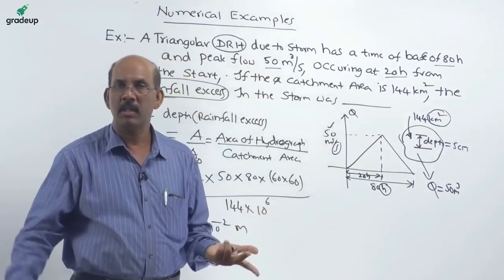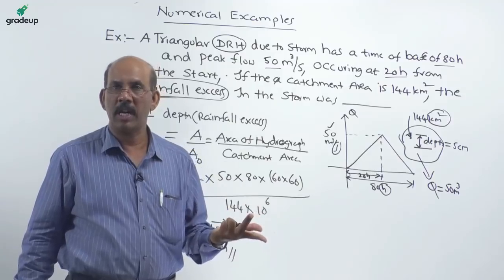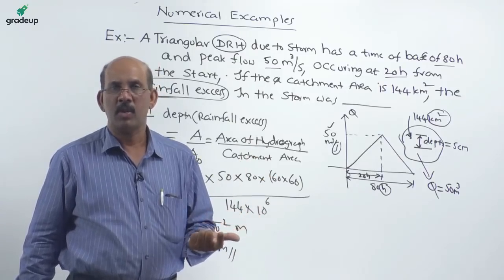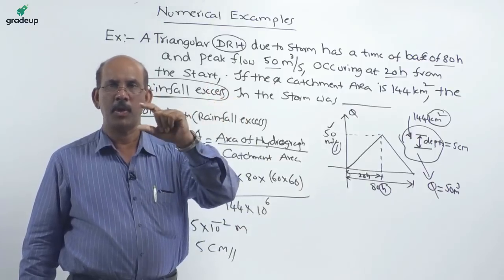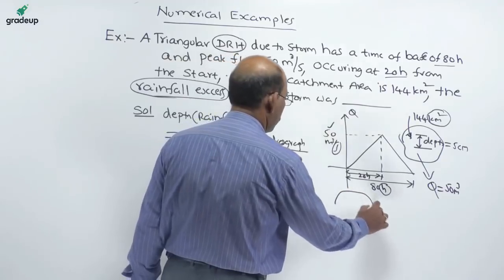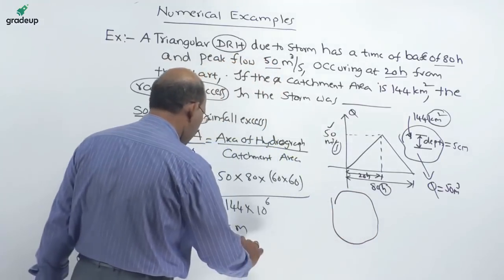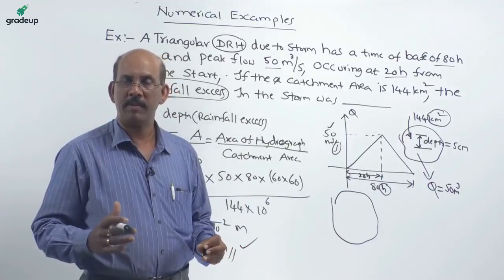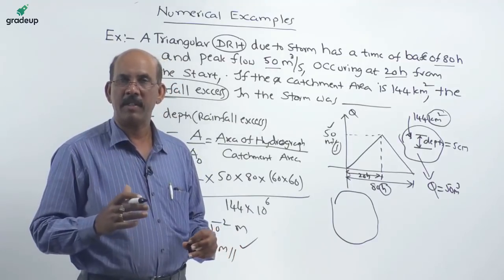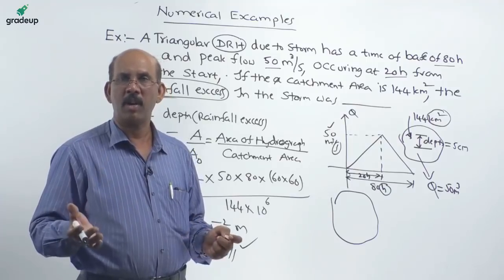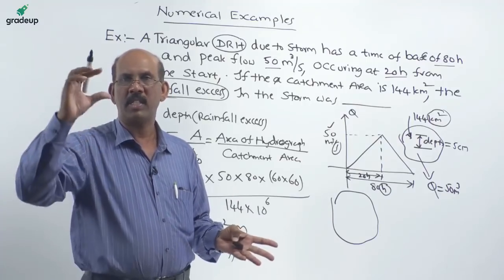Suppose we want to calculate the flow represented by the same unit hydrograph. So, 5 centimeters produce 50 from this particular one. Here the answer is 5 centimeters over. Suppose the same question also asks to calculate the ordinate of the unit hydrograph. Unit hydrograph always means 1 centimeter.